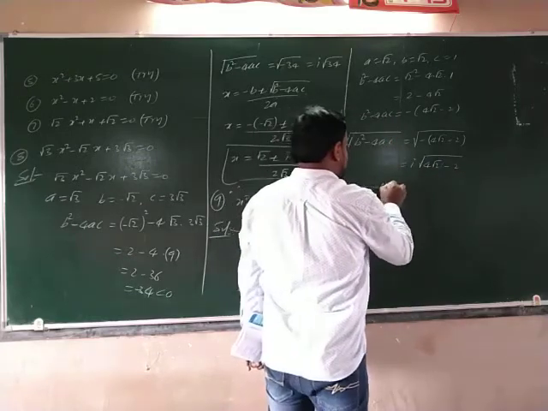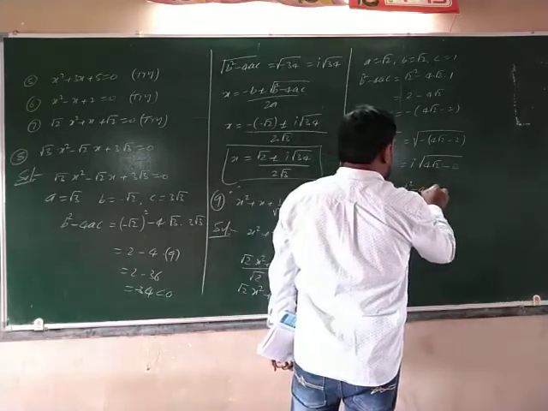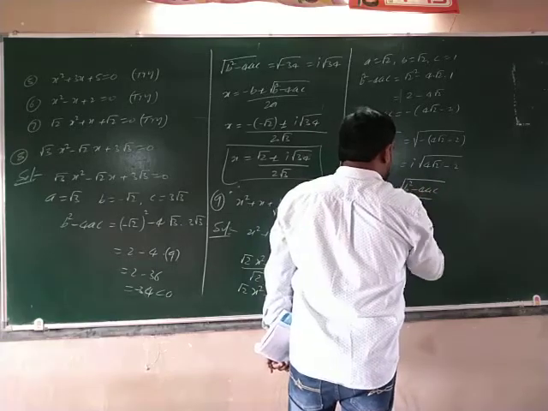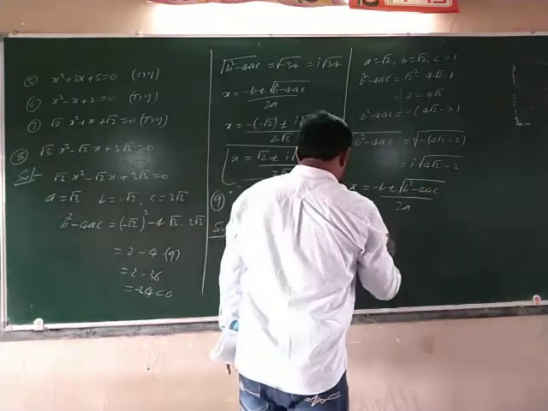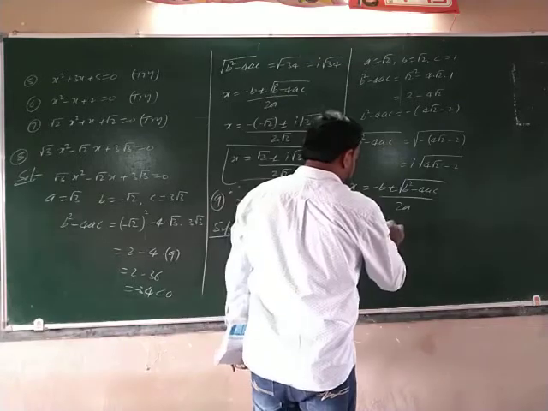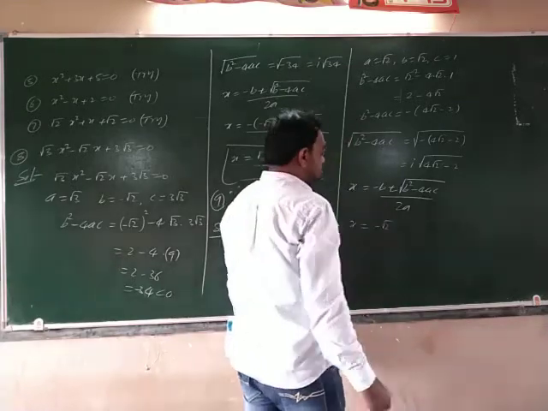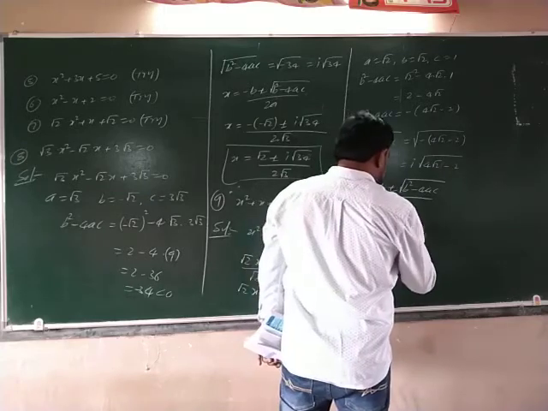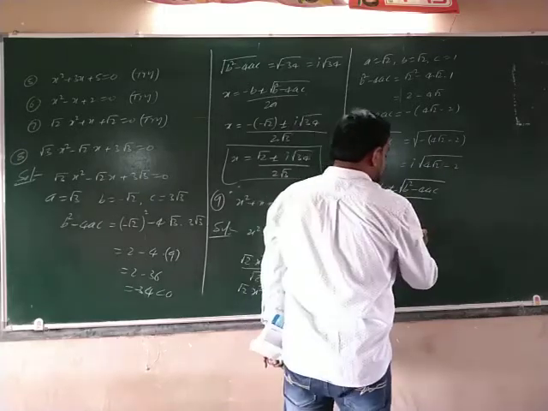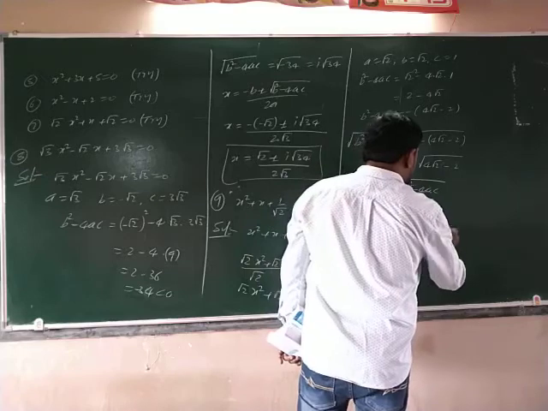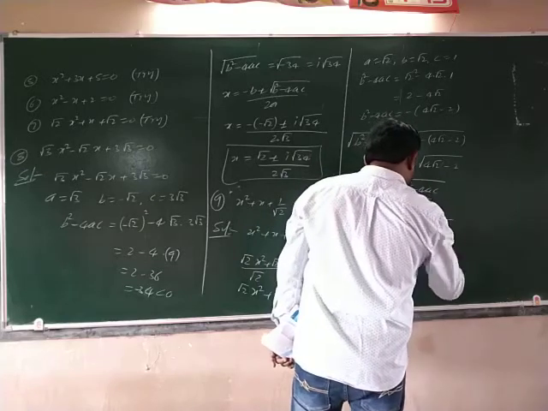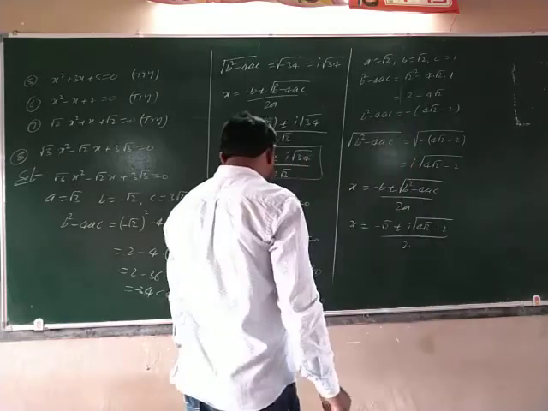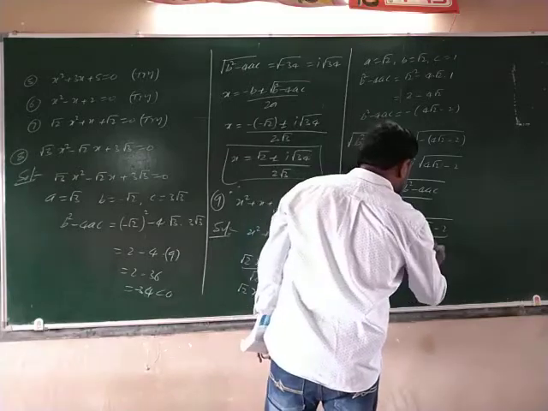x is equal to minus b plus or minus the square root of b square minus 4ac, by 2a. So x is equal to minus root 2 plus or minus i into the square root of 4 root 2 minus 2, by 2a. What is the a value? A value is root 2.